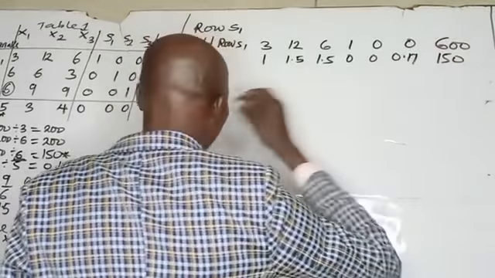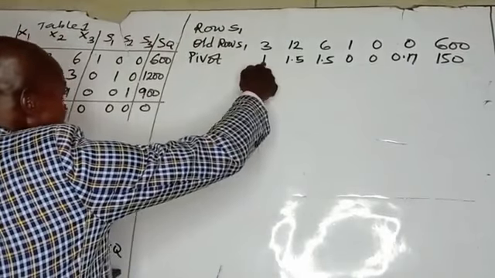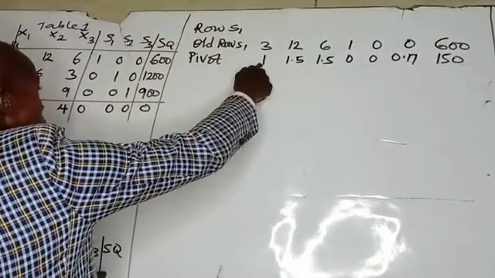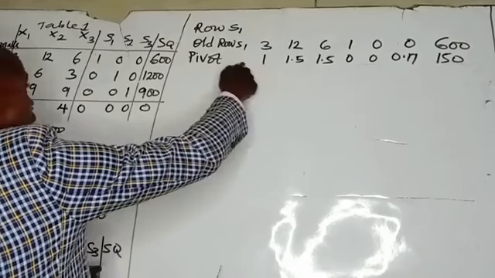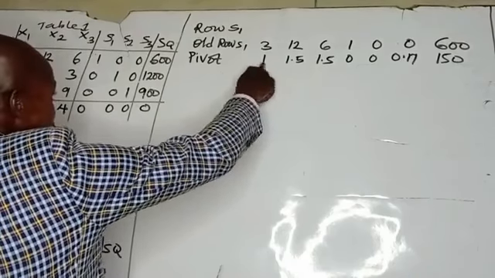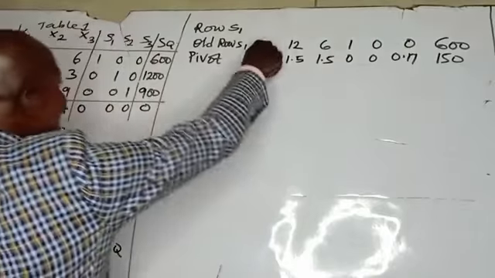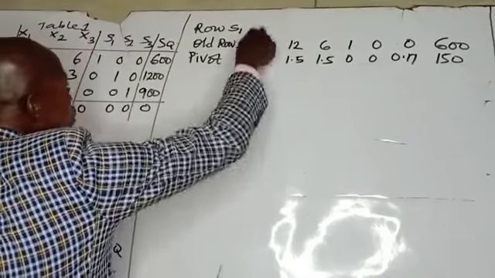This is our pivot row. This is the pivot element after dividing that row x1 through by 6. So this is the pivot element. Our target is to turn this column to 0.